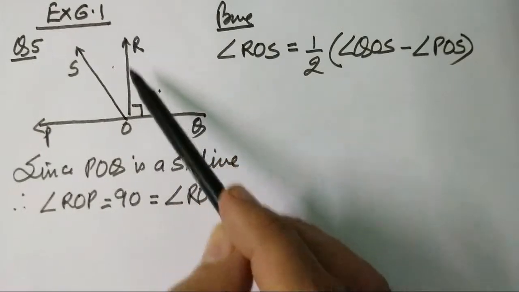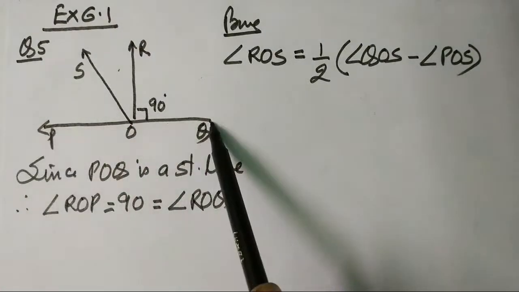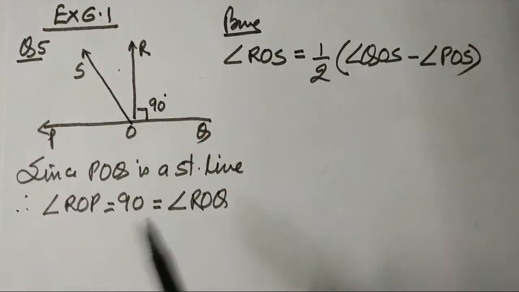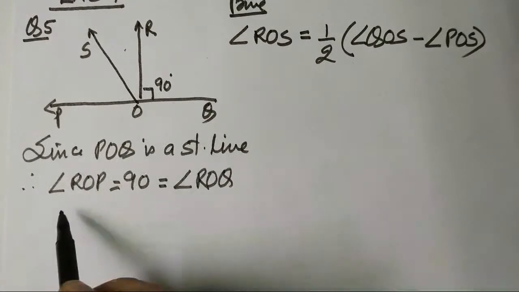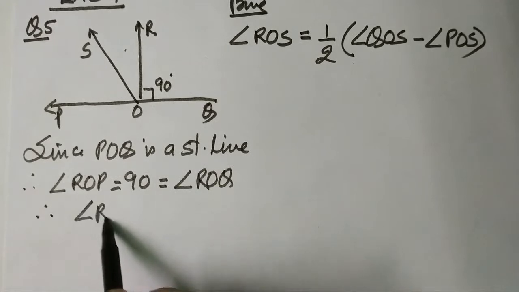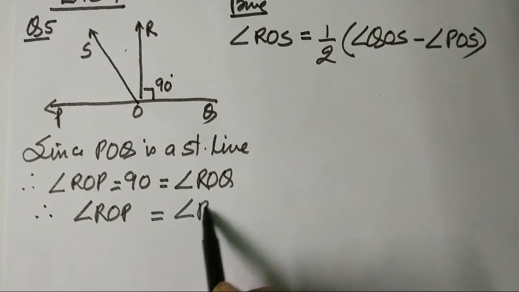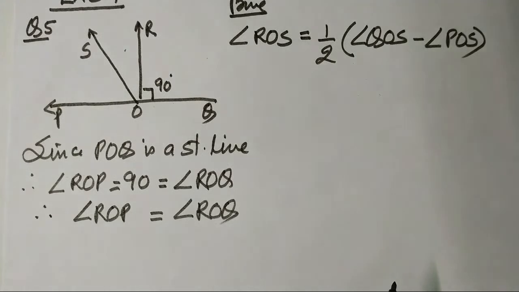Both these angles are 90, because this is 90 and this is a straight line, so this angle will become 180 minus 90. Therefore I can say that angle ROP is equal to angle ROQ, because both are 90.